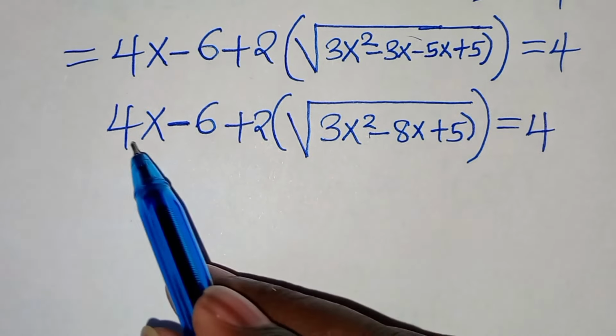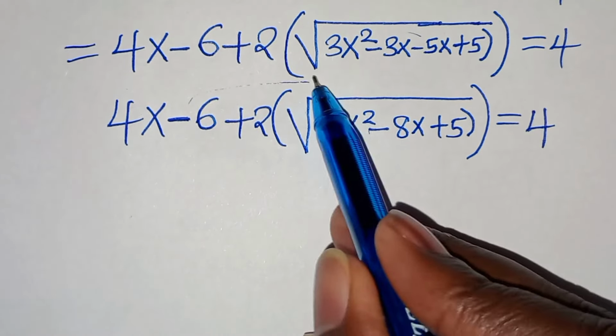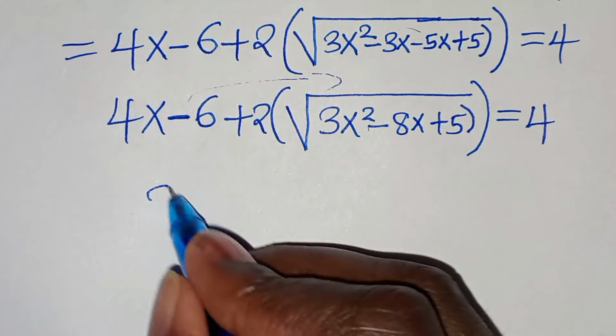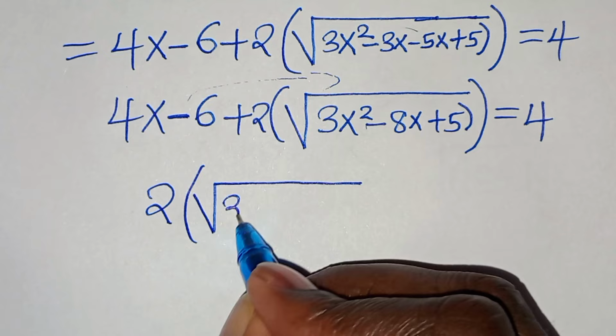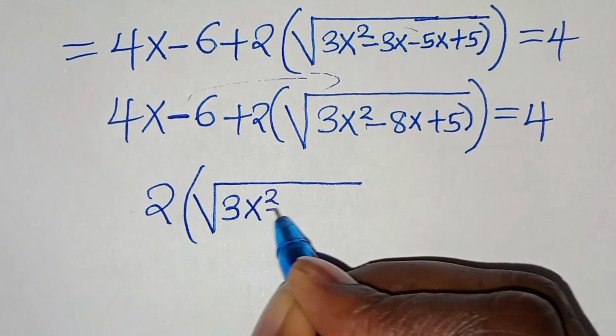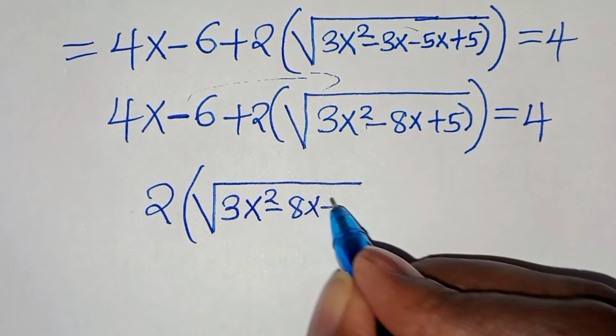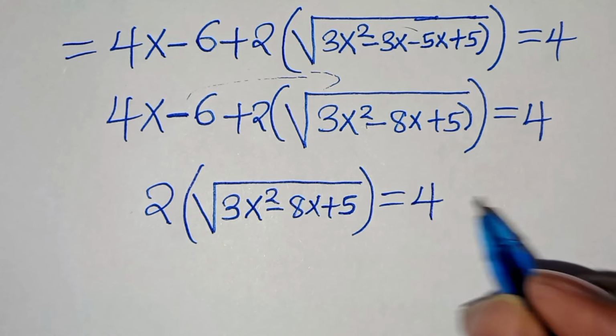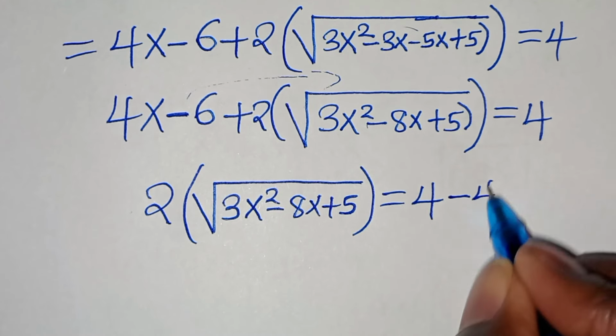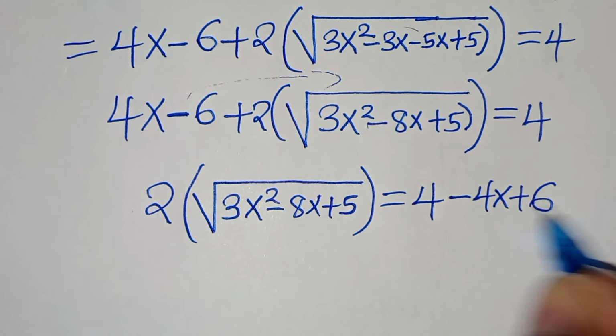The next step, let's take 4x minus 6 to the right hand side, so that we have 2 into the parentheses, the square root of 3x to the power of 2 minus 8x plus 5, close the parentheses. This is equal to 4 minus 4x, then plus 6.